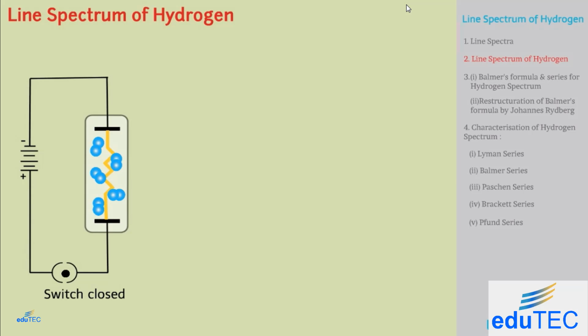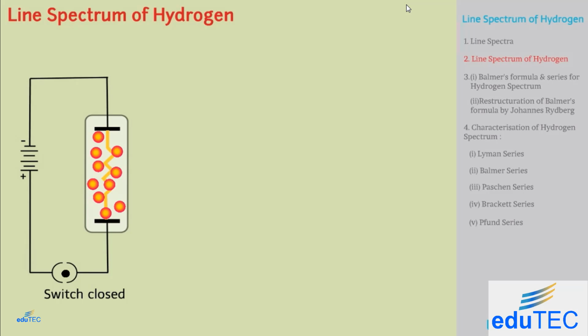The hydrogen atoms get separated from their molecular state into free atoms. These atoms absorb energy from the electric discharge and go to an excited state.